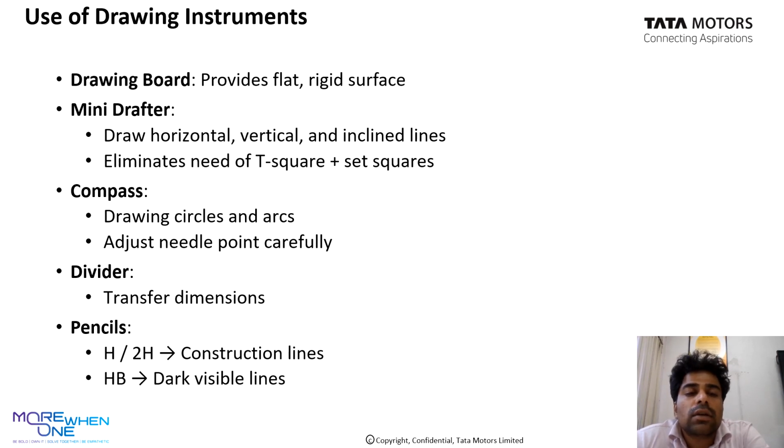Now mostly, instead of using these things, we make the drawings on various software like AutoCAD, Solid Edge, ZWCAD, Creo, and so on. There are many 2D and 3D CAD software. SolidWorks is also a very famous one.